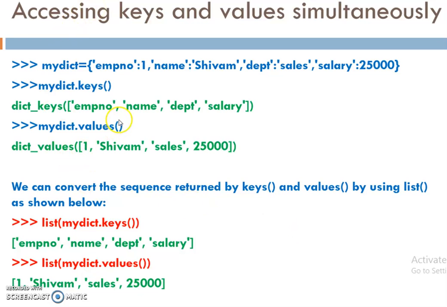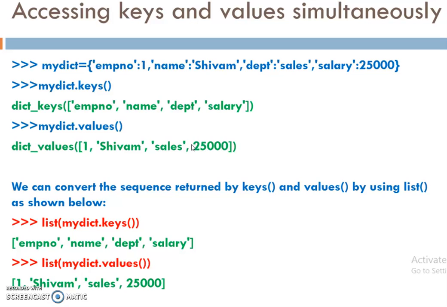To get the values, you can use the function my dict.values. Now it will print all the values: 1, Shivam, sales and 25,000.